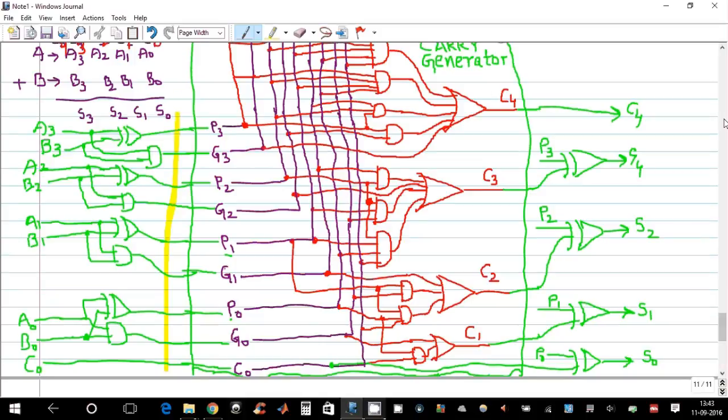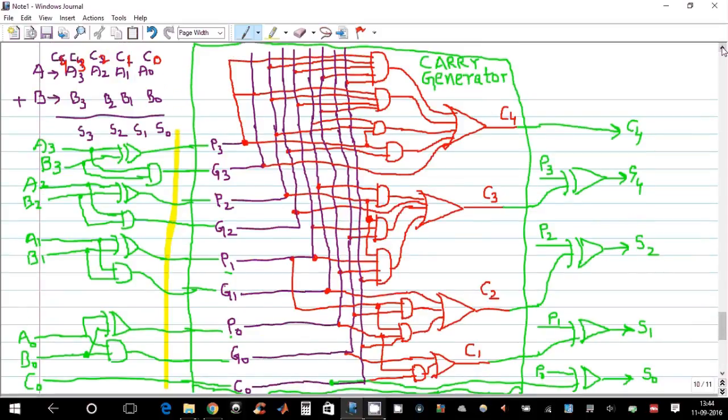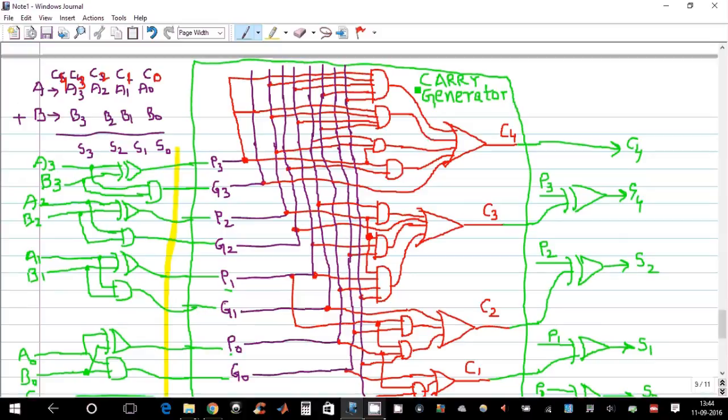So let us consider this CLA to be the carry look ahead adder, and T CLA is its delay. Up to stage 1 it is equal to T XOR gate, plus, in this carry generator, this stage will require the maximum delay. Why?